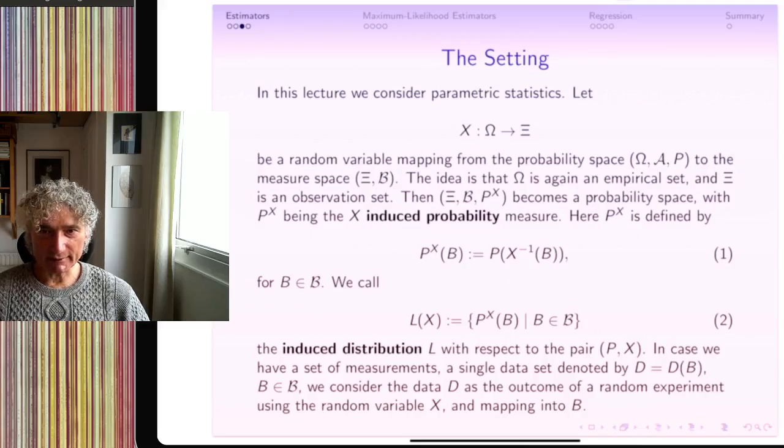So it's one application of the random variable on omega, giving you now some outcome in Xi, which is also containing the numerical data.